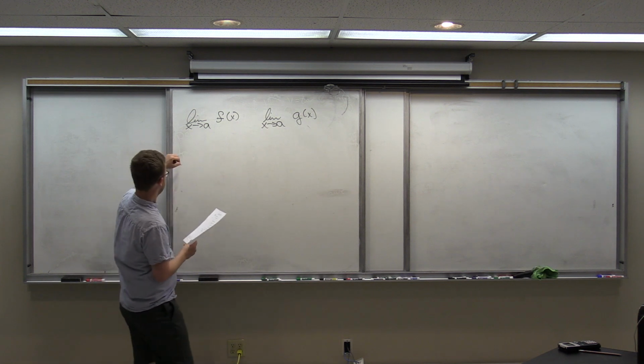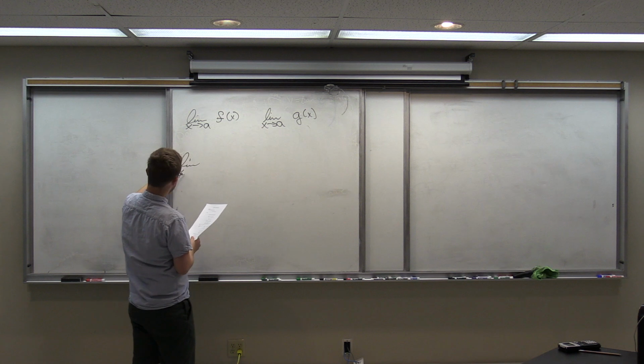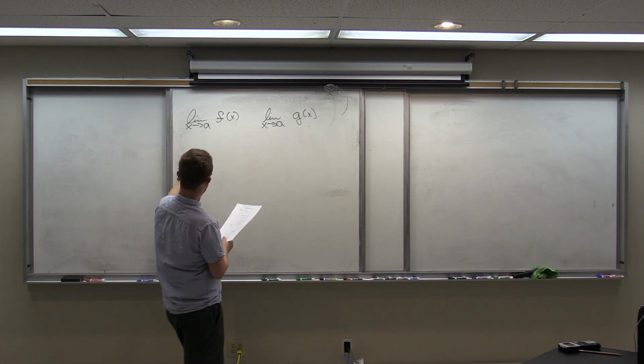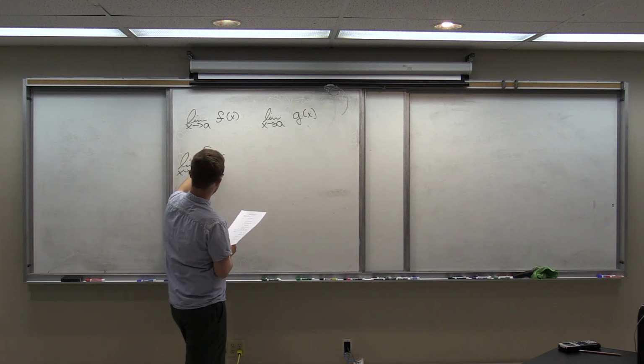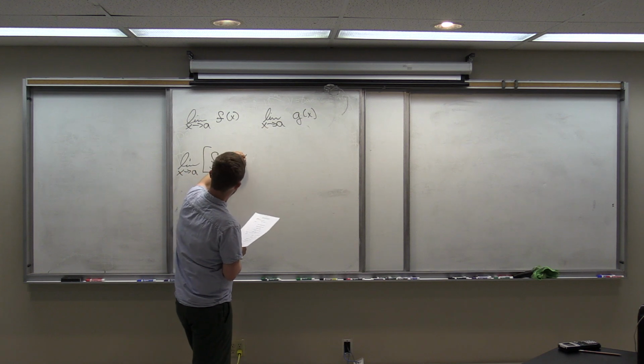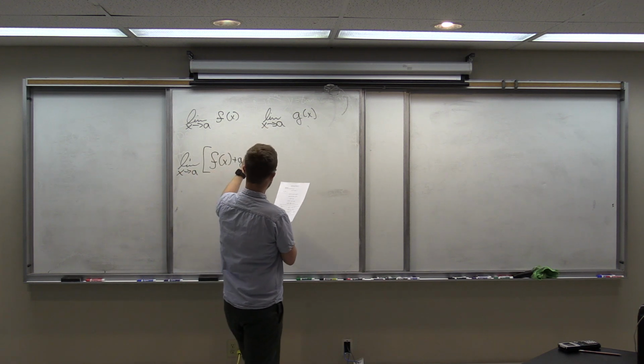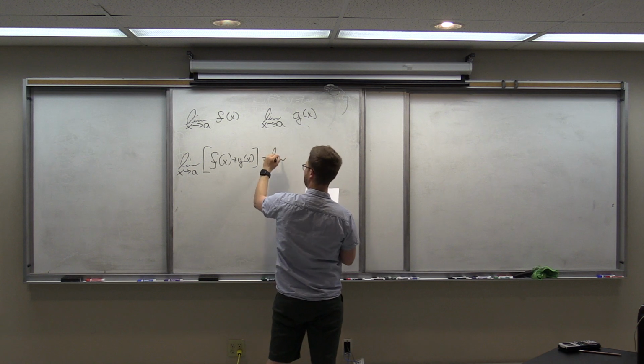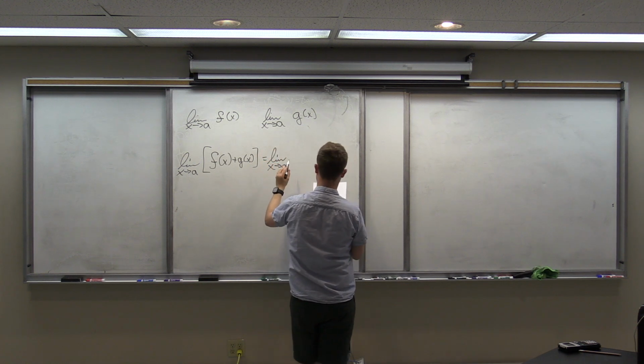So I have that the limit as x approaches a of the sum of these two functions is equal to the sum of the individual limits.